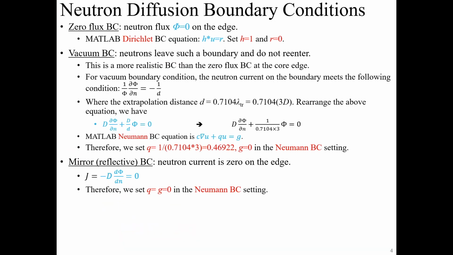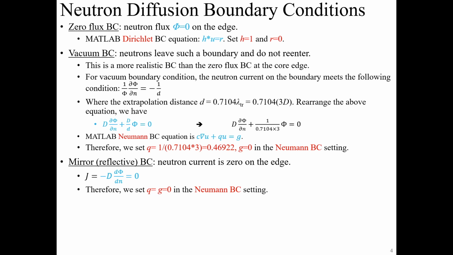From our previous study, we know that to solve a differential equation, we also need to define the boundary condition. The neutron diffusion equation can take 4 different boundary conditions. When we are studying the one group neutron diffusion equation, we are going to study the first 3. At a later time, we are going to study the 4th type of boundary condition.